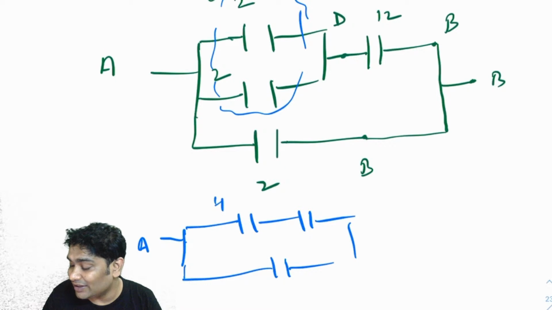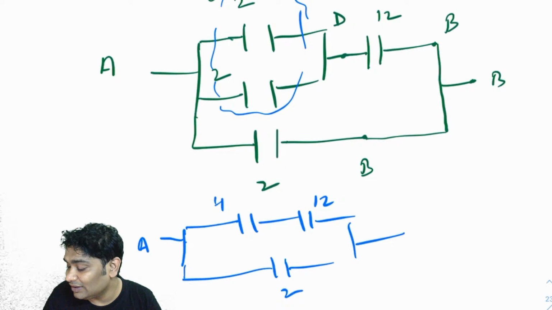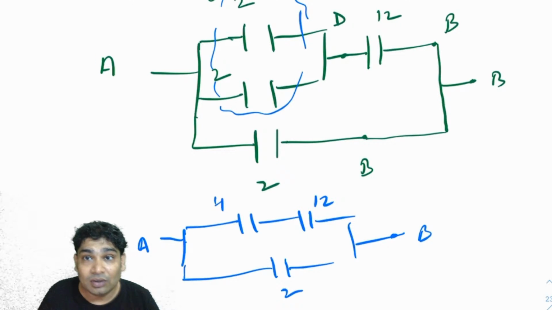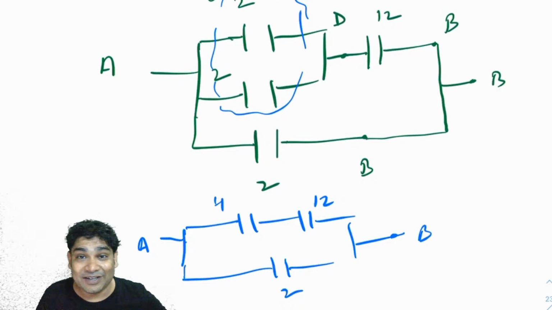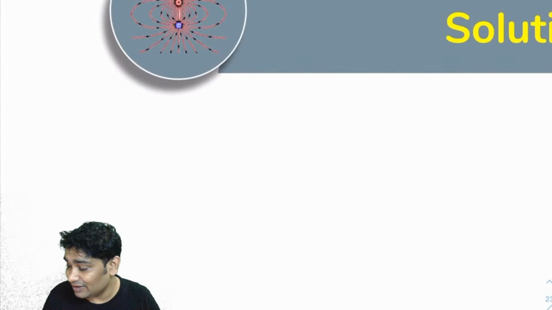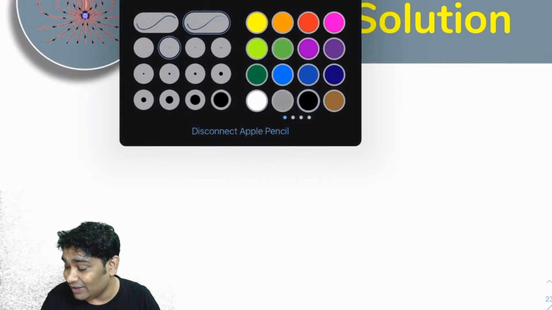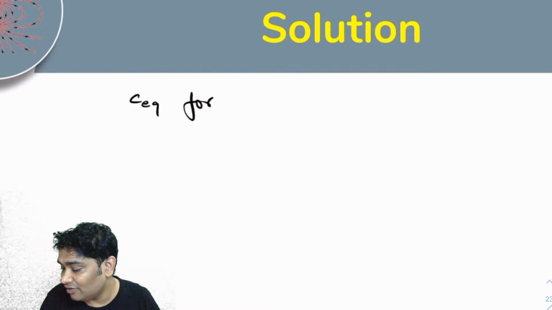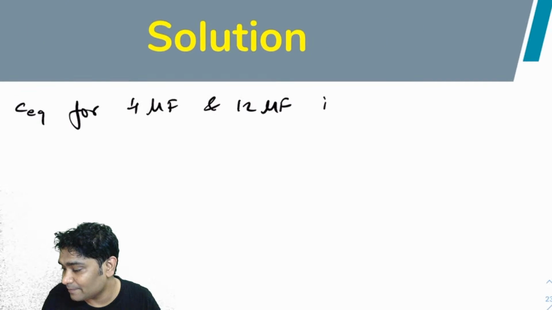This is 4, this is 12, this is 2 and this is B. So what is the equivalent capacitance of 4 and 12? Let's see what C equivalent is for 4 microfarad and 12 microfarad in series.